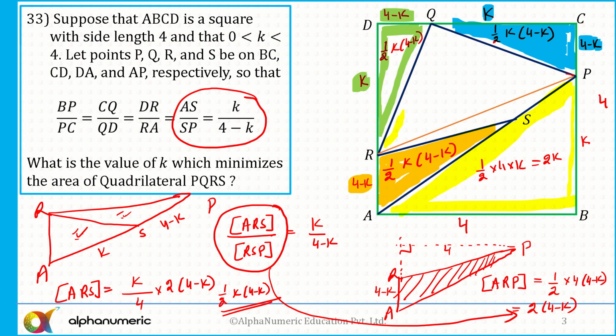So now we know the area of all the four triangles. If I know the area of all the four triangles, then we can find out the area of the quadrilateral. But it's not only about the area of the quadrilateral. The question is, for what value of k the area of the quadrilateral is minimum. Okay, so let's see here. Let me erase all this and then we'll find out.